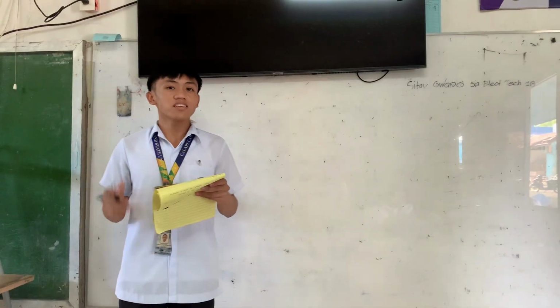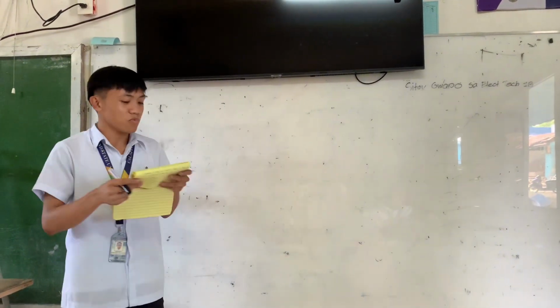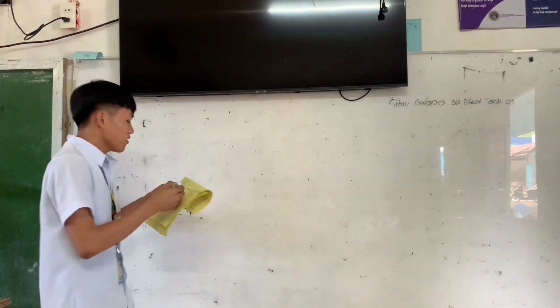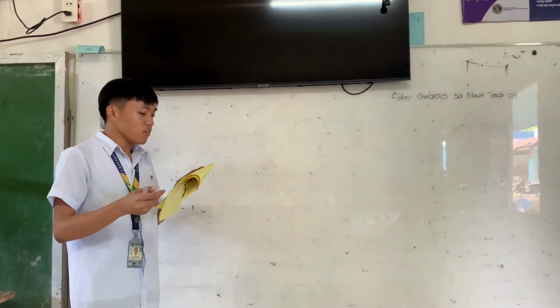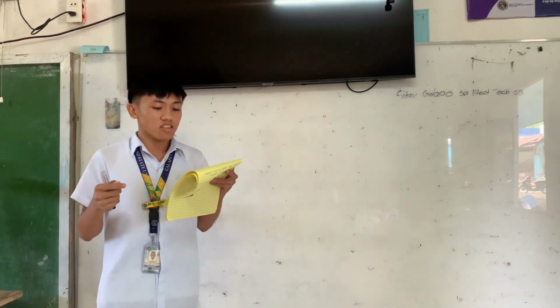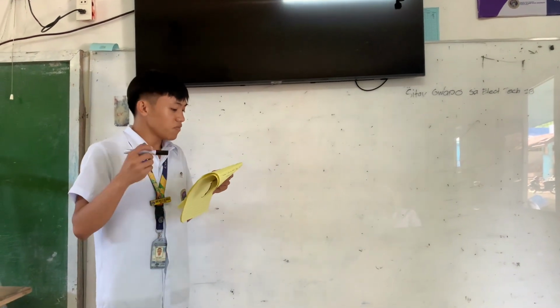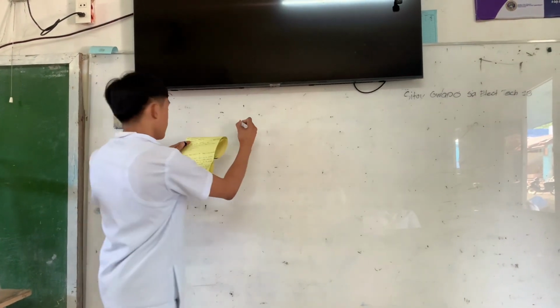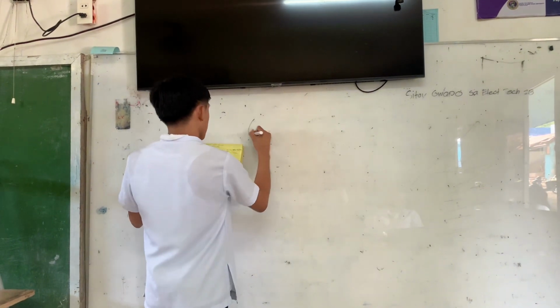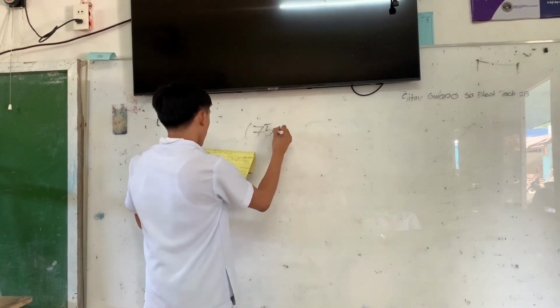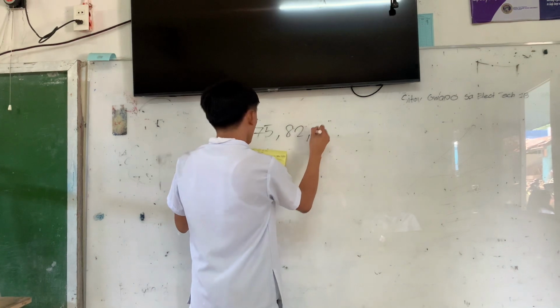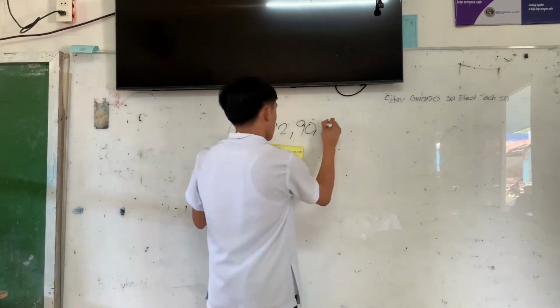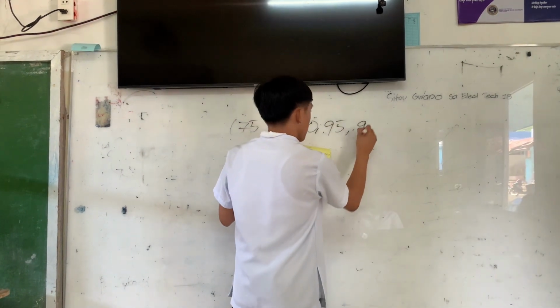Right now, I'll give you our real-life example where the range is involved. For example, find the range of a given observation in a set of grades of students: 75, 82, 90, 95, and 98.